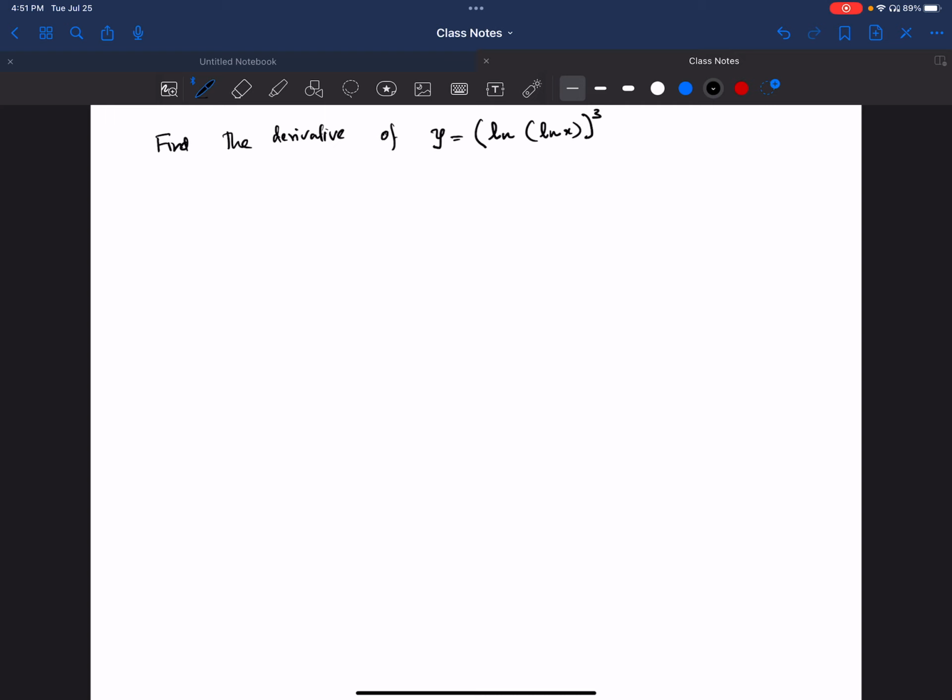You can use the power rule that we learned, or you can use the chain rule.